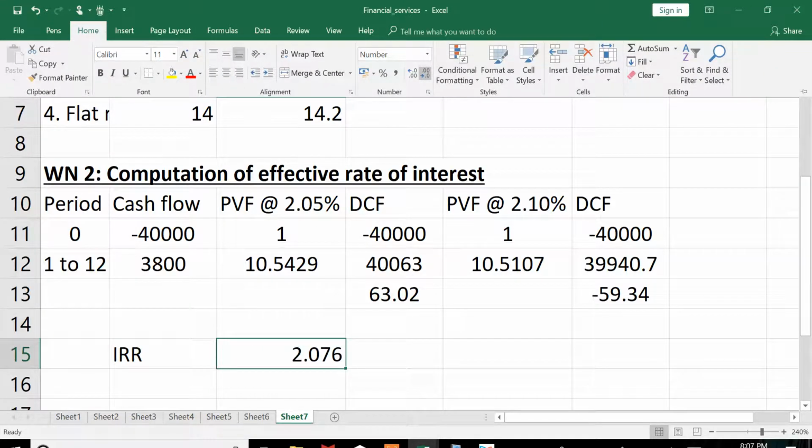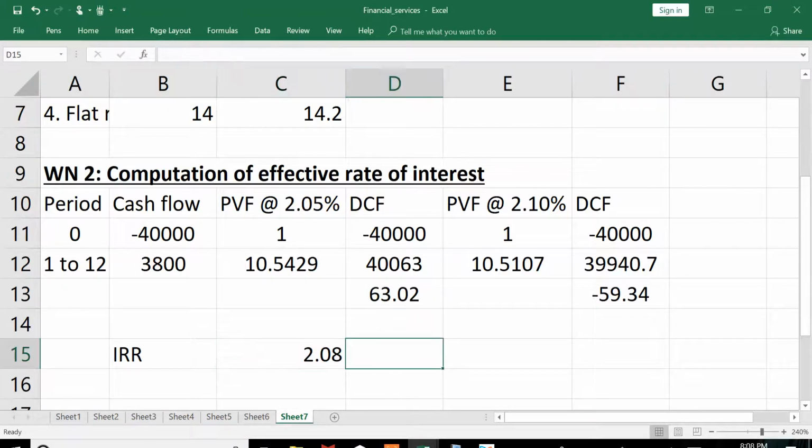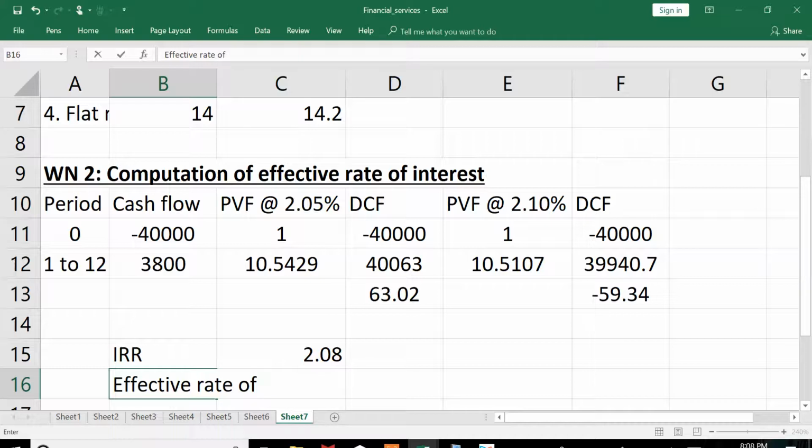This is the rate per month, 2.08%. Now listen, effective rate of interest is 1 plus this rate, power 12, minus 1. This is a monthly rate. You will have to do power 12 minus 1. Do it and let me know.